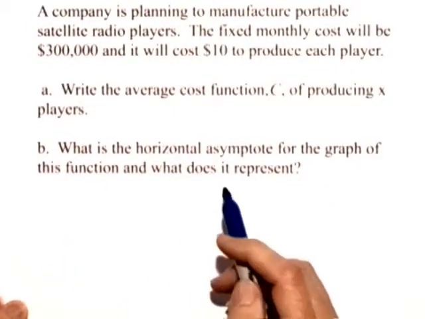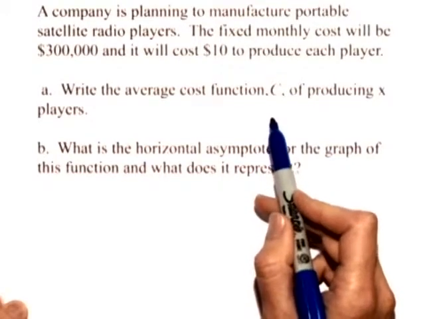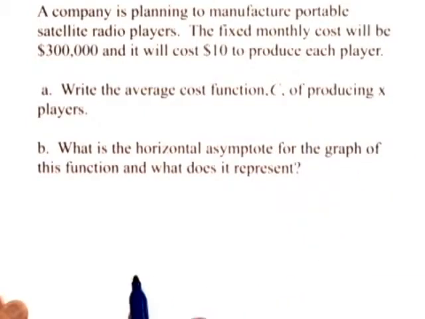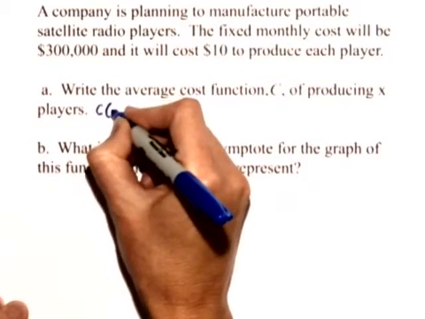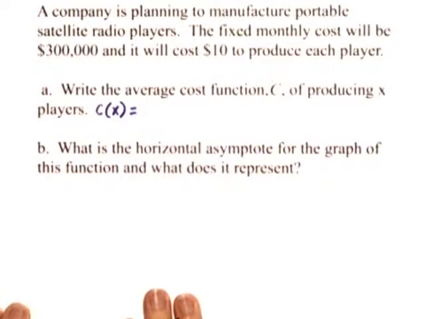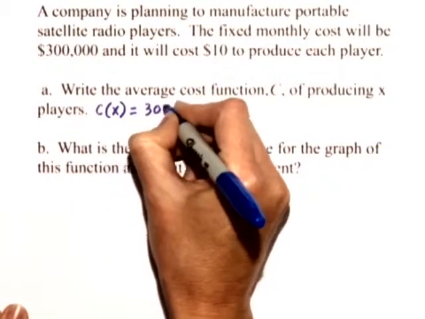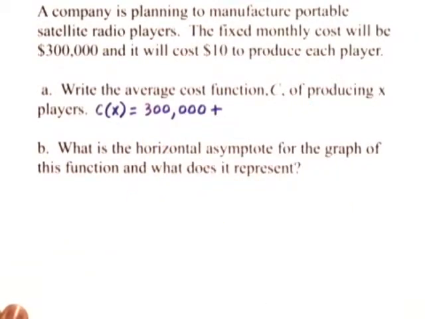Well, the average cost function, C bar, can be found by finding the cost function first and then dividing it by X, the number being produced. So let's first start with the cost function C of X. Well, the cost function is made up of a fixed cost, which is $300,000 monthly, plus a variable cost, which in this case is $10 for each player produced.